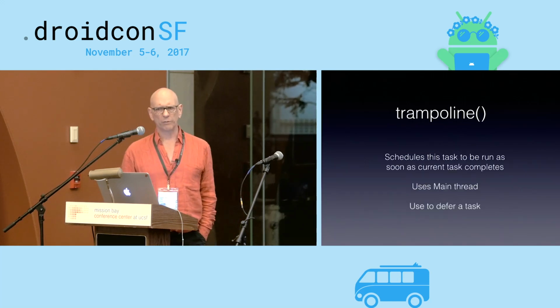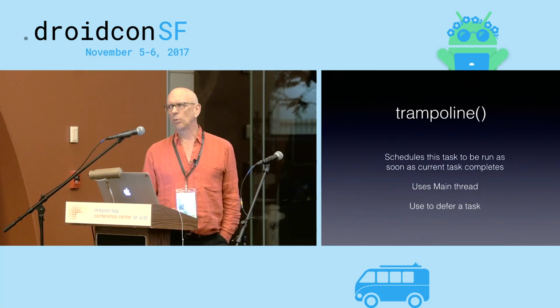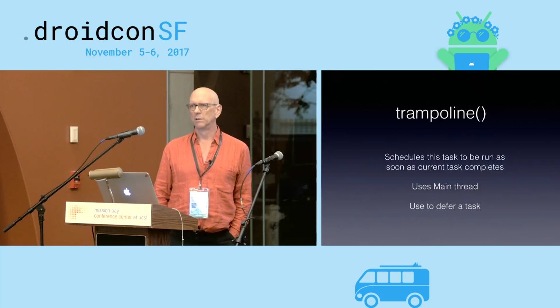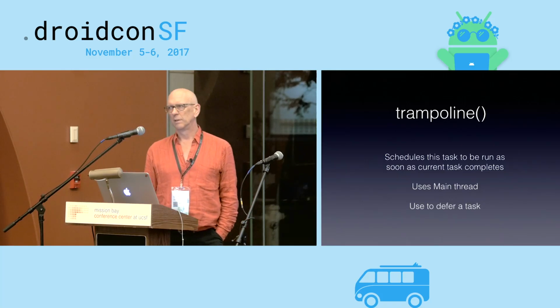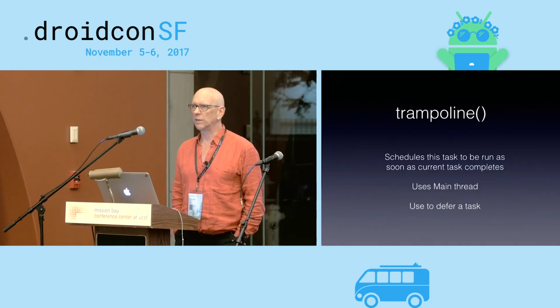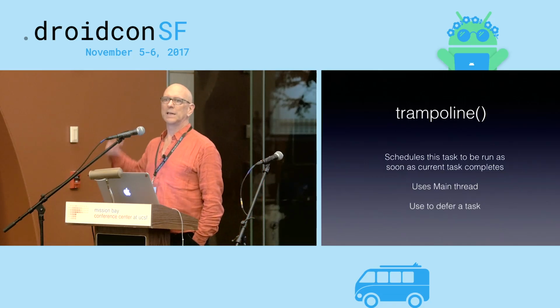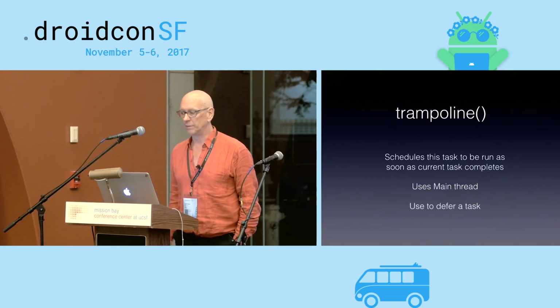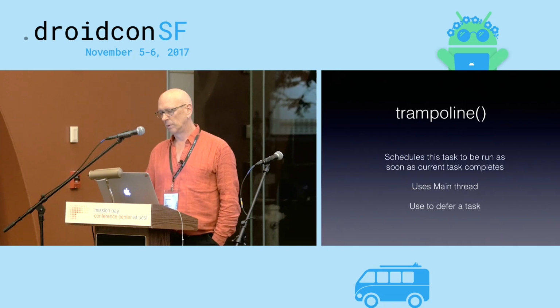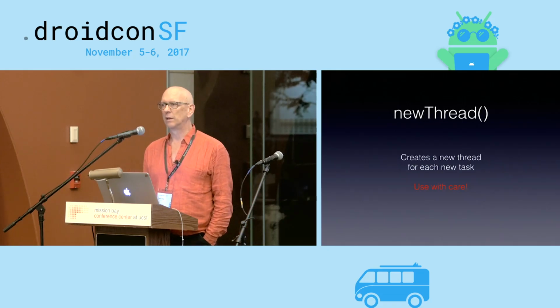Trampoline is sort of interesting. It will schedule things to be run immediately when this thing is done. So when this task completes, it'll run that. If you're trying to do something that needs to be done entirely before you do the next thing, this is the way to do it. New thread is a scheduler that creates a new thread for each request.